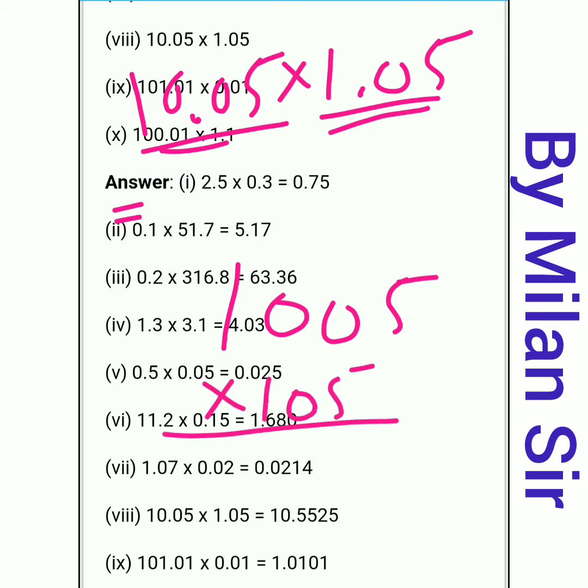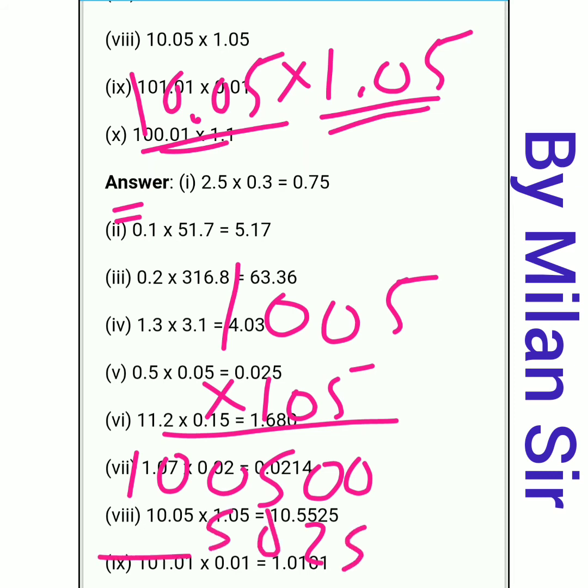Now we need to multiply this. So 1005 times 105 is 105525.